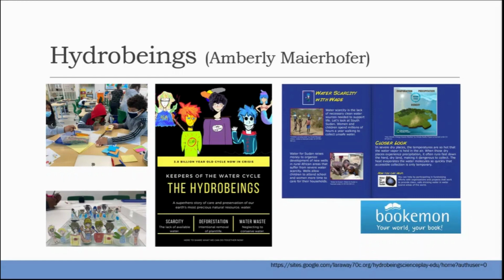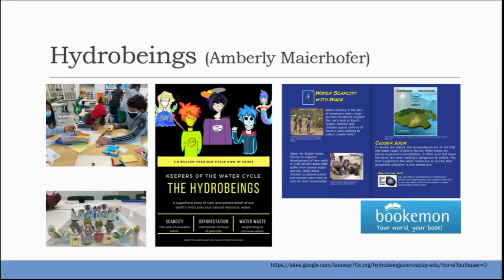You can do it for free online, but you can also order the printed books if you want to pay for it. And this is just a basic poster made probably using Canva. I don't know what it was made with, but the idea is that these students are learning about the water cycle and connecting it to some environmental activism. At the same time, the teacher is able to see what students are understanding for that authentic assessment.